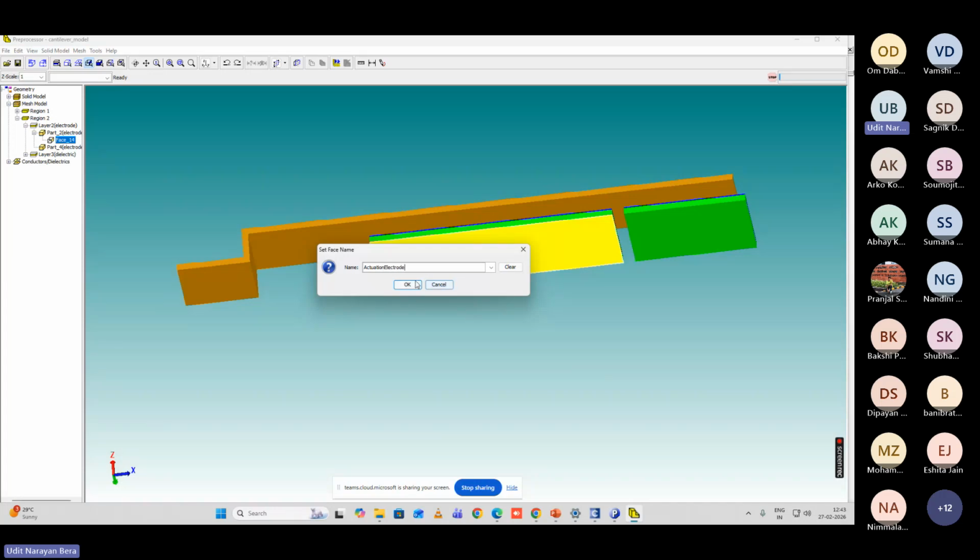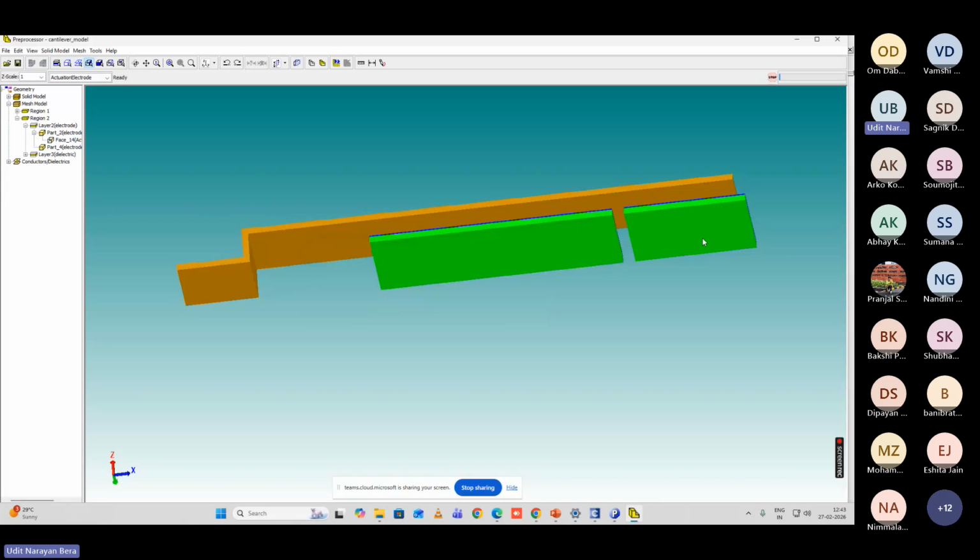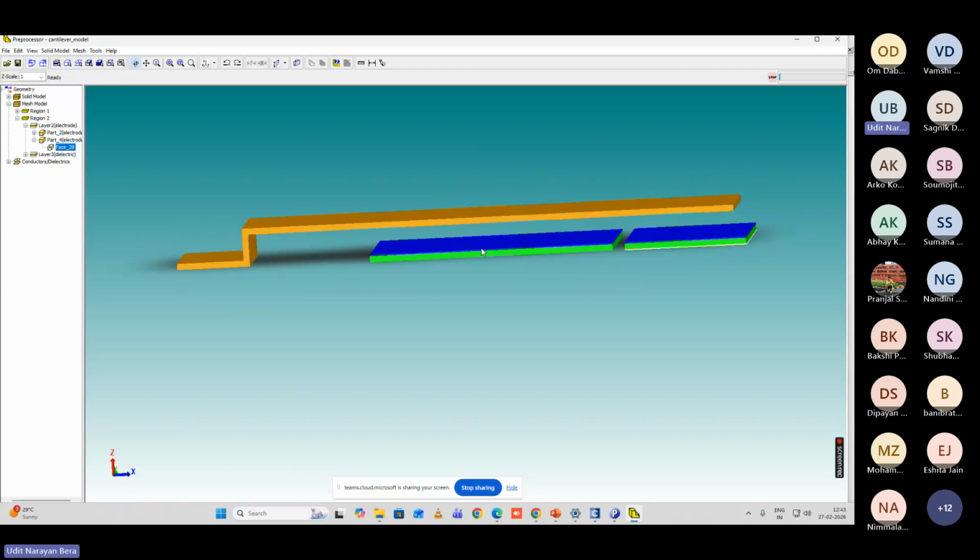Now you may ask why I am not naming the others. This one is the sensing electrode, and the blue one in the top is the dielectric. I am not naming them because for the time being we don't need them, but it is good practice to name all of the faces, which you can do also. So the main portion I have already done.